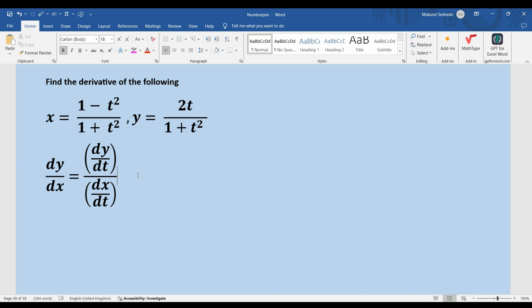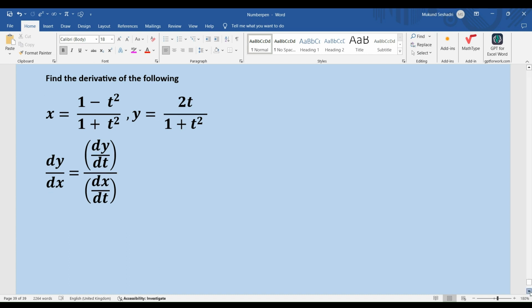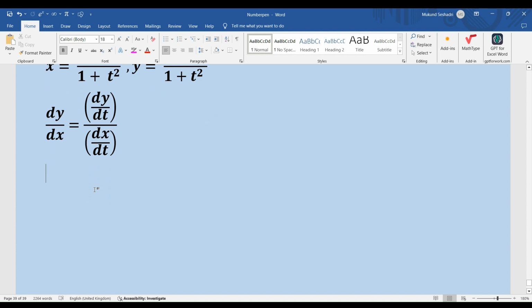Because when I do a dx by dt and a dy by dt, I've got to apply the quotient rule, and it does not look like a very complicated quotient rule application, but it's obviously error prone. But I'm going to try and solve this using the trigonometric substitution, where I'll do a t equals tan theta, right?